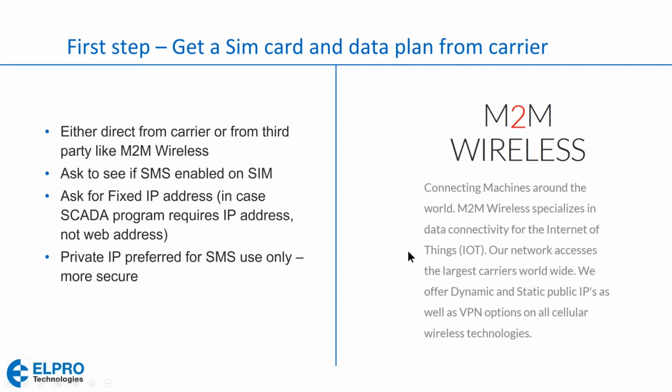Up here in Canada, it's Rogers, Bell, and TELUS. But they can provide SIM cards literally for any country around the world. So the company is great. The tech support is there immediately. They know exactly what the applications are, and they're familiar with a lot of different types of cellular modems. They can help you get the modem connected to the carrier.